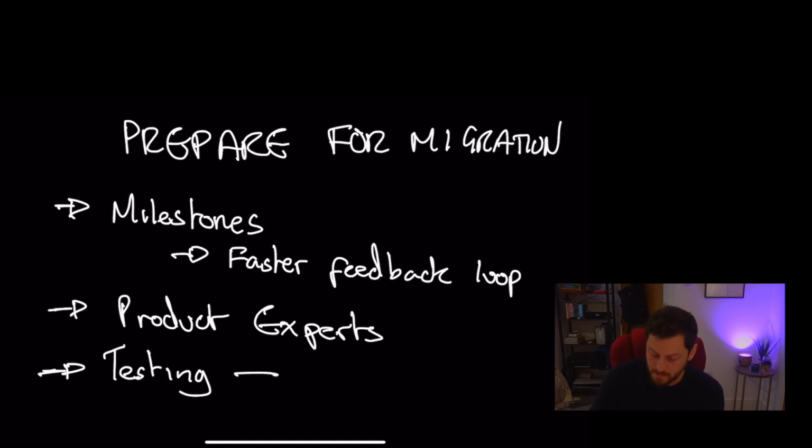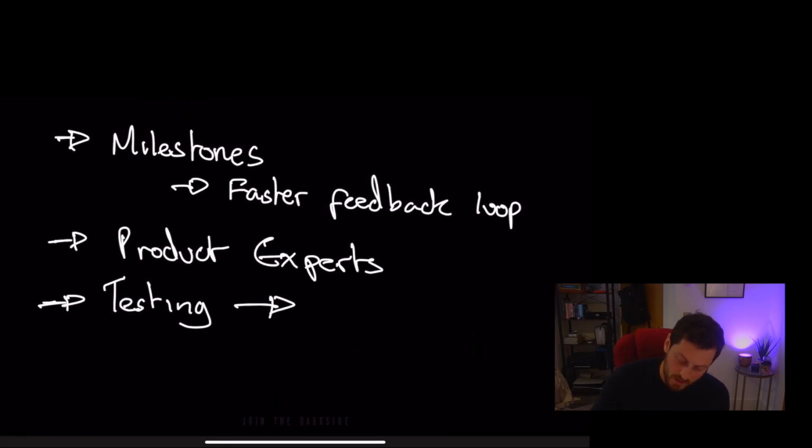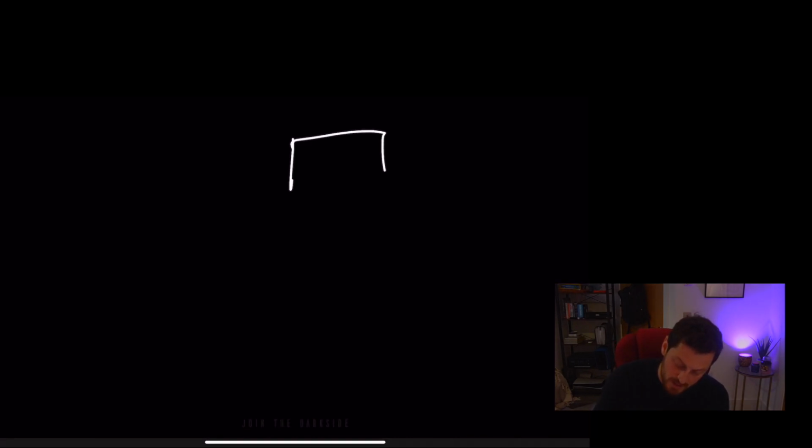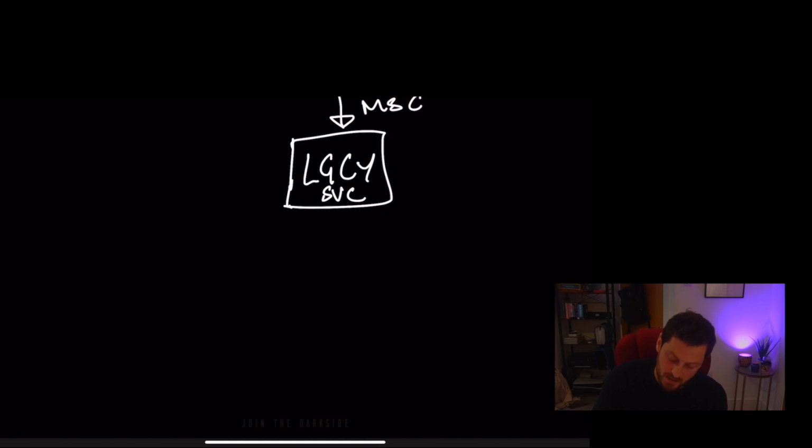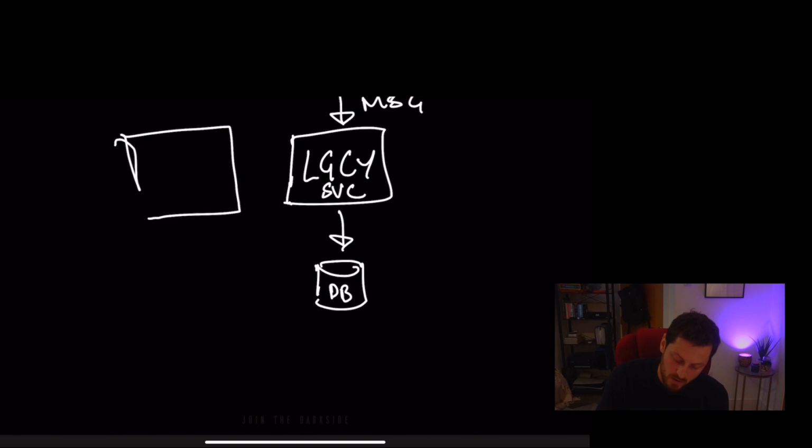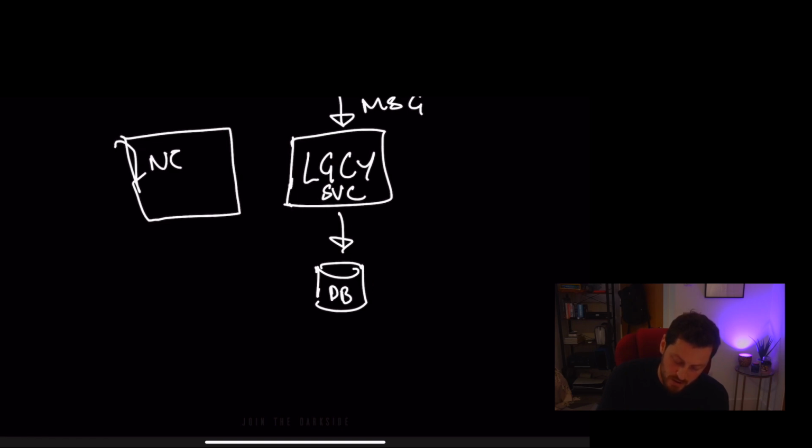And for a very basic example, let's say that you have your legacy service, and let's say you have a message that comes in the top, and let's say that you have a database at the bottom, right? So you're going to transform whatever that message is into a record in that database. Now let's say you're trying to, alongside it, create your new shiny service.